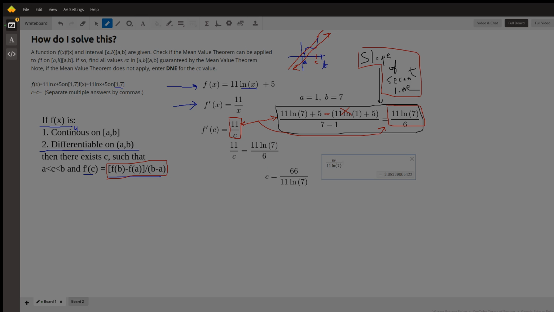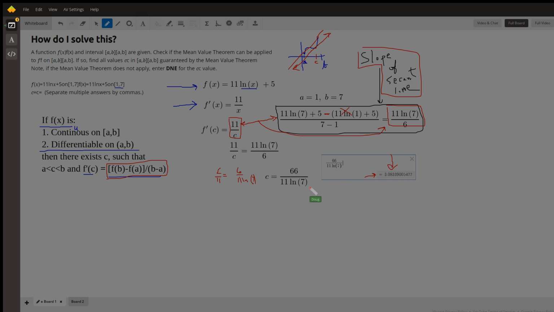If you take the reciprocal of both sides, the reciprocals are equal. And then multiply both sides by 11, and that's where I got the 66. Okay, and that's about 3.08, which is between 1 and 7. So that's your answer right there.